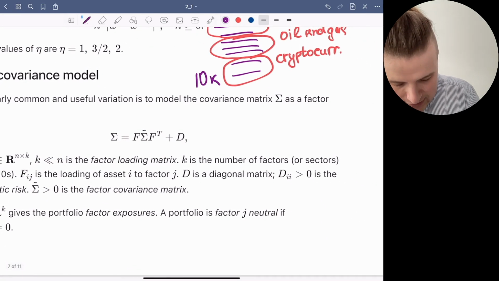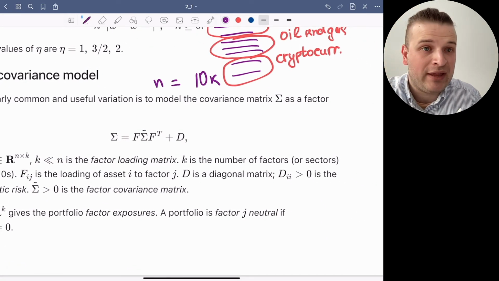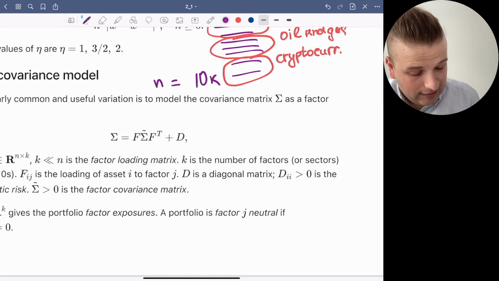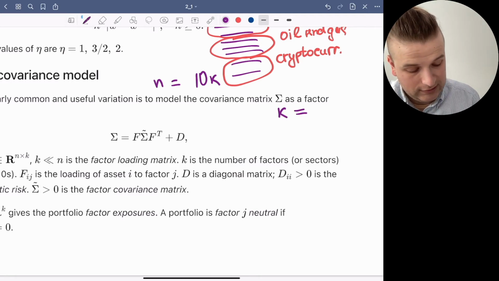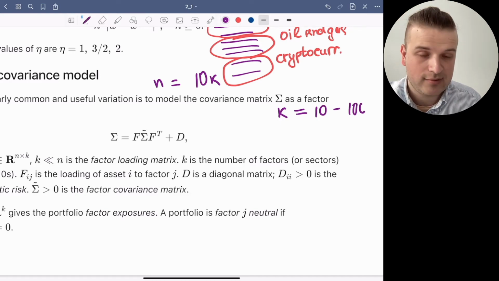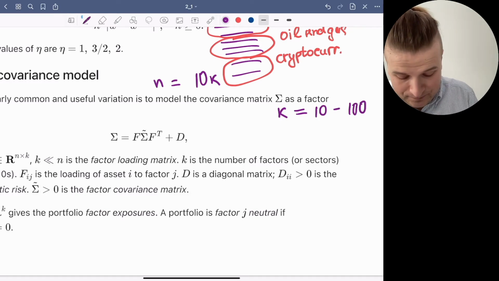And imagine that, again, n is equal to 10,000, and k is a number of factors, let's say 10 to 100, something like this.